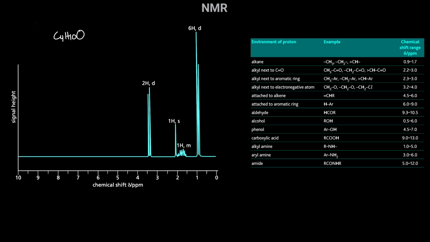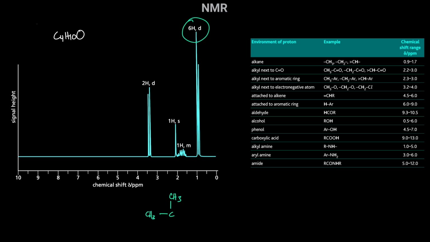Now, if you look at the first peak, starting from the right, starting from 0, we have 6 protons that are a doublet. So you have 6 identical protons. When you have 6 identical protons, we have 2 identical CH3 groups. That's the only way in which we're going to have 6 identical protons.